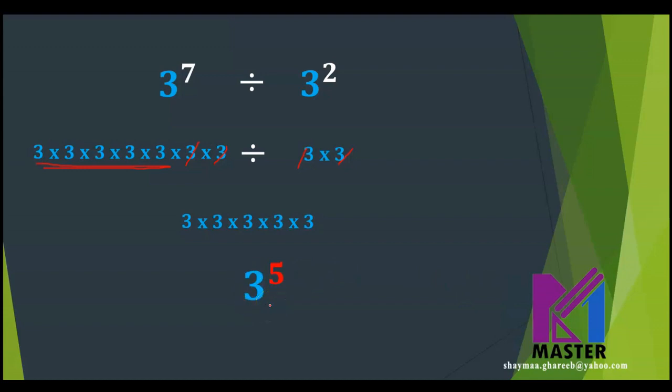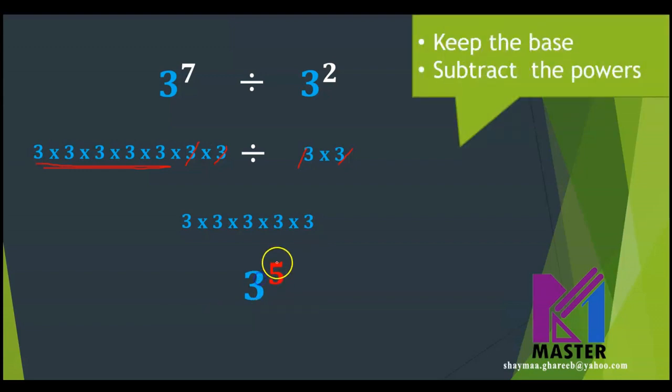Now let's see the answer. If I want to write it using the index notation, it will be 3 to the power of 5, because the 3 is multiplied by itself 5 times. So what do you notice about the power here and these two powers in the division sentence? We kept the base number as it is and we subtracted the powers.